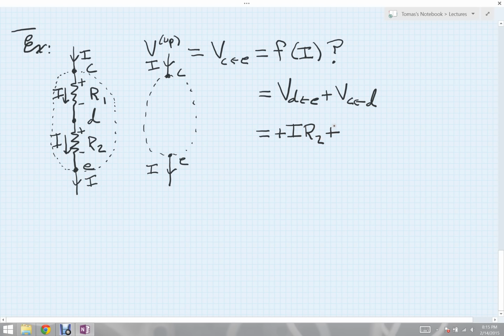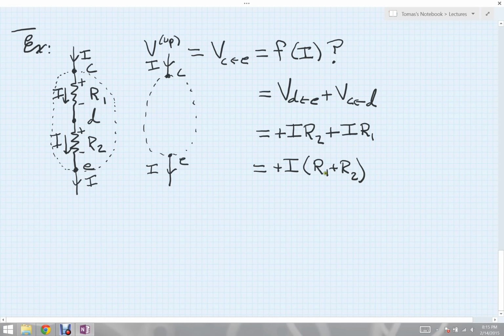The voltage from D to C, similarly, is going to be a plus as I'm going upstream, and it's going to be I times R1. So I can see that my characteristic relation is that I get a positive current times some proportionality constant, which we've just worked out is R1 plus R2.